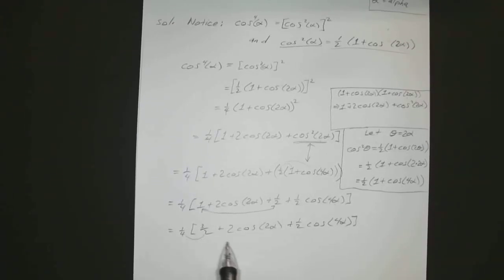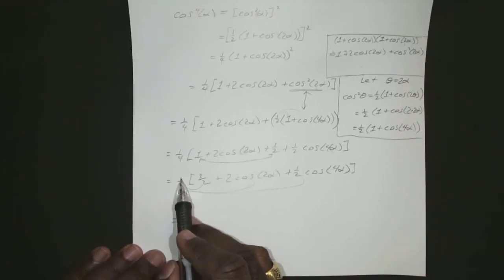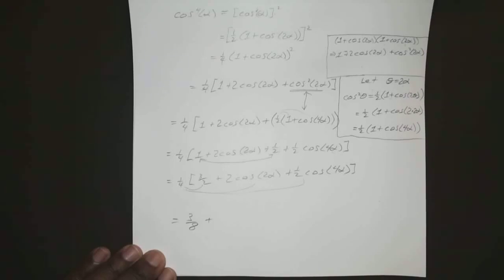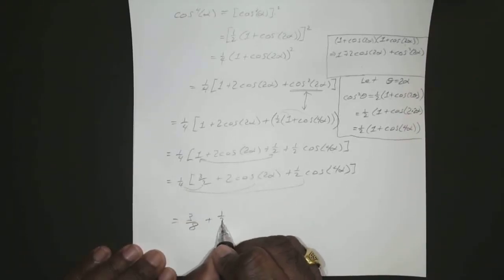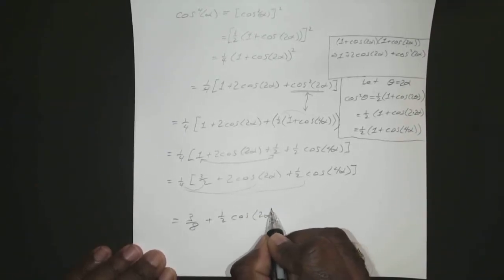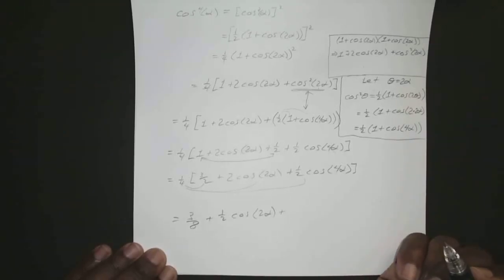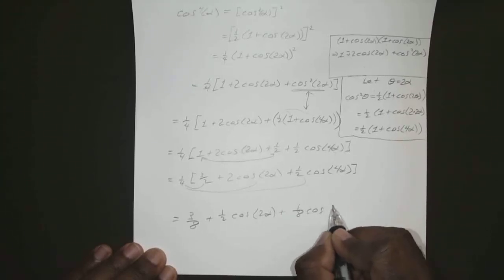Okay. So now we can just go ahead and distribute our 1/4. So you have 3/8 plus you have 2/4, so 1/2 cosine 2 alpha plus 1/8 cosine 4 alpha.